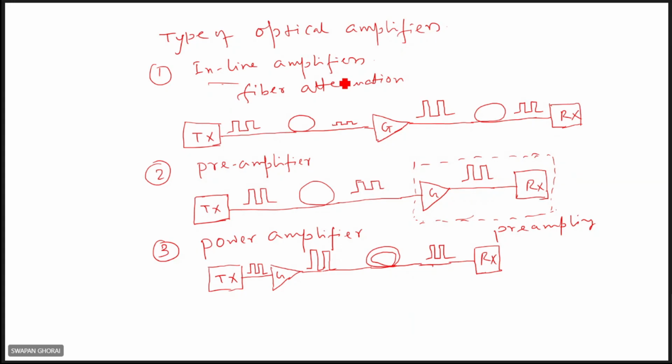So to increase the repeater spacing, you have to compensate the fiber attenuation. The main limitation for repeater spacing is the fiber attenuation. If you use optical amplifiers with certain gains, then you can compensate the loss, and you can increase the distance between the transmitter and receiver.